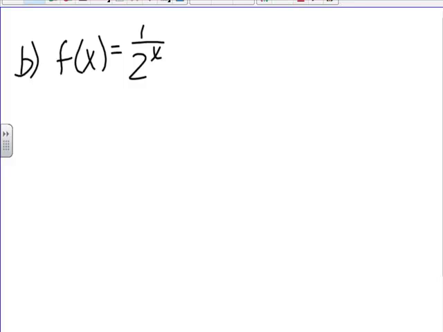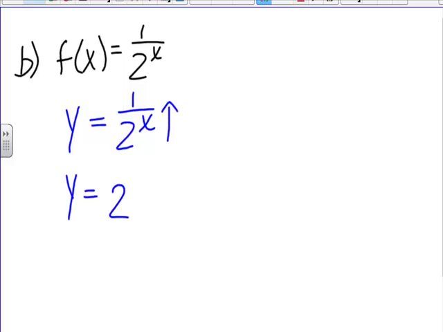Okay, let me just give you another one of these. So given, same direction, say you're given f of x equals 1 over 2 to the x. Same steps basically. Change that f of x to a y is equal to 1 over 2 to the x. I'm going to go ahead and shift that 2 to the x up so I can think of it in a little different way.